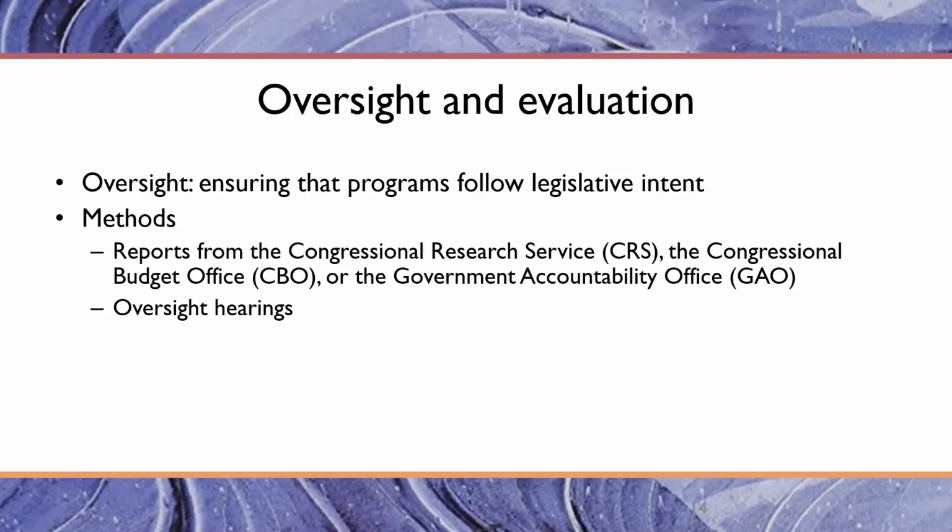And in some cases, these can be fairly contentious meetings and hearings in which these executive branch officials are grilled by members of Congress, asking questions about why was the law or why was regulation written the way it was, why were the regulations enforced the way they were, or perhaps why weren't regulations issued to enforce some aspect of the law. So these are the two broad methods that Congress uses to do policy evaluation.